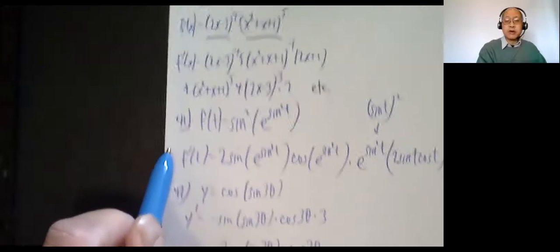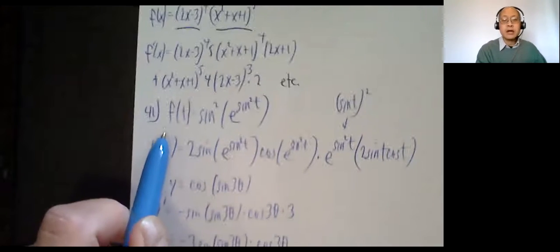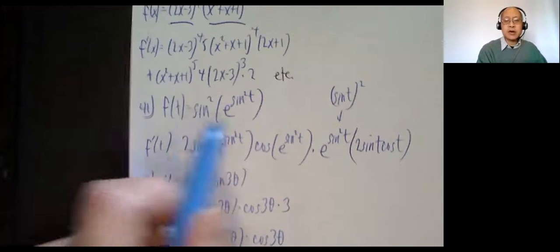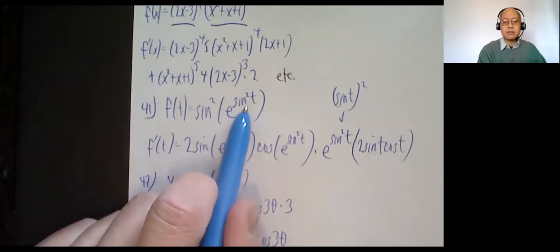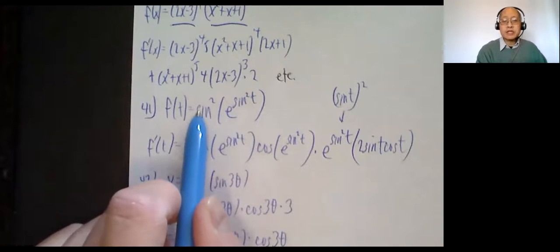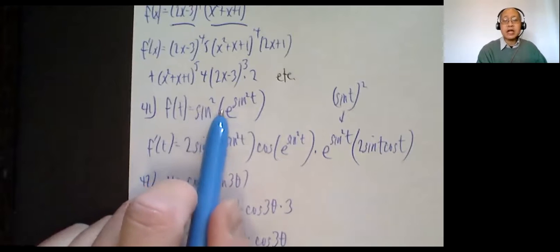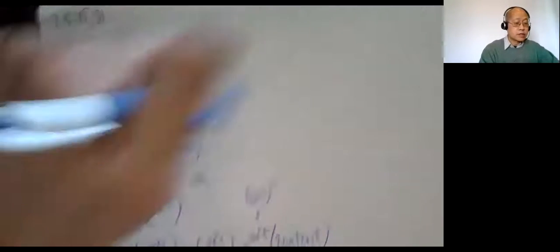Okay, then I'm just going to show you 41 also because that was a little bit tricky. F of t is sine squared e to the sine squared of t. So there's a couple of sine squareds in here. Now remember, sine squared means sine of something squared. So quick timeout.